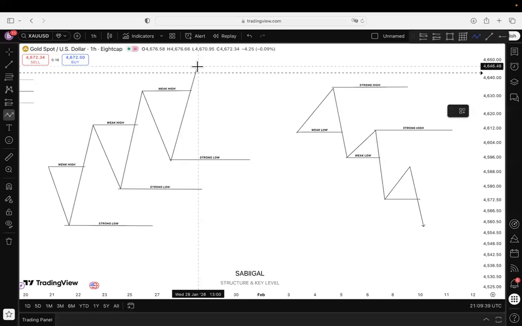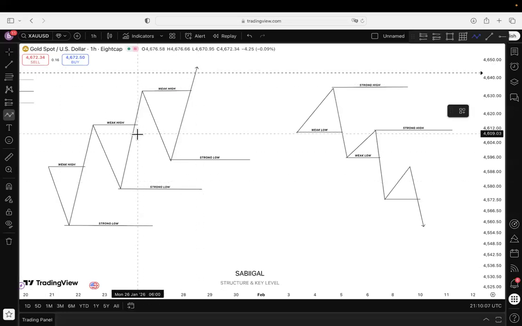it is said that price should continue in the opposite direction. Now, what's the opposite? Up and down. The opposite of uptrend is downtrend. So if a strong low, a strong point, gets taken out in an uptrend, the opposite of up is what? Down.